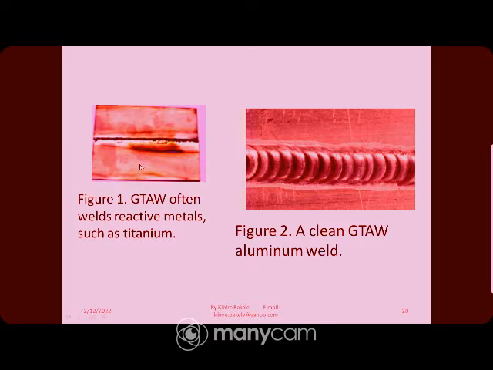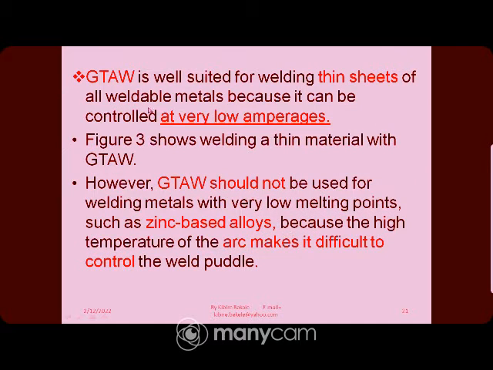This is the most reactive material, what you call titanium. Simply, gas tungsten arc welding often welds reactive metals such as titanium. Gas tungsten arc welding is well suited for welding thin sheets of all weldable materials because it can be controlled at a very low amperage.